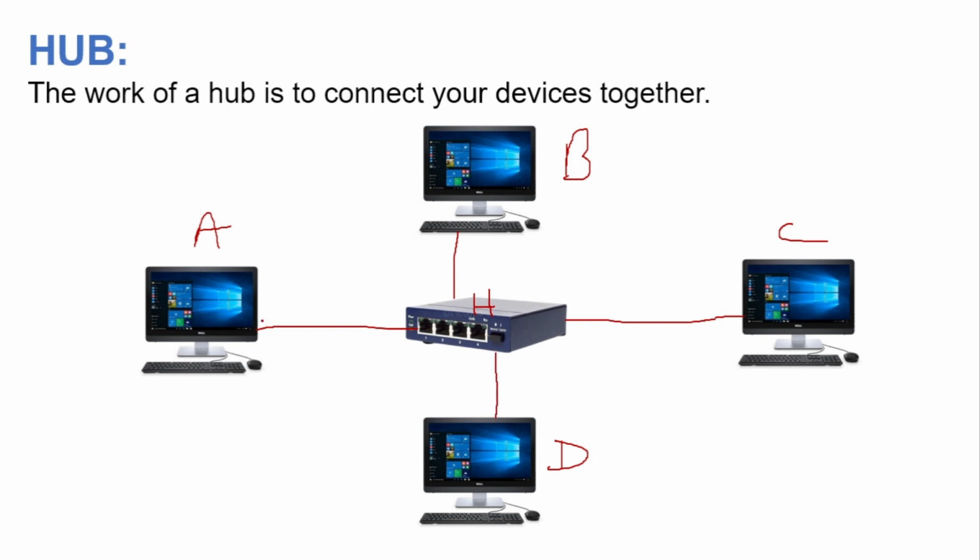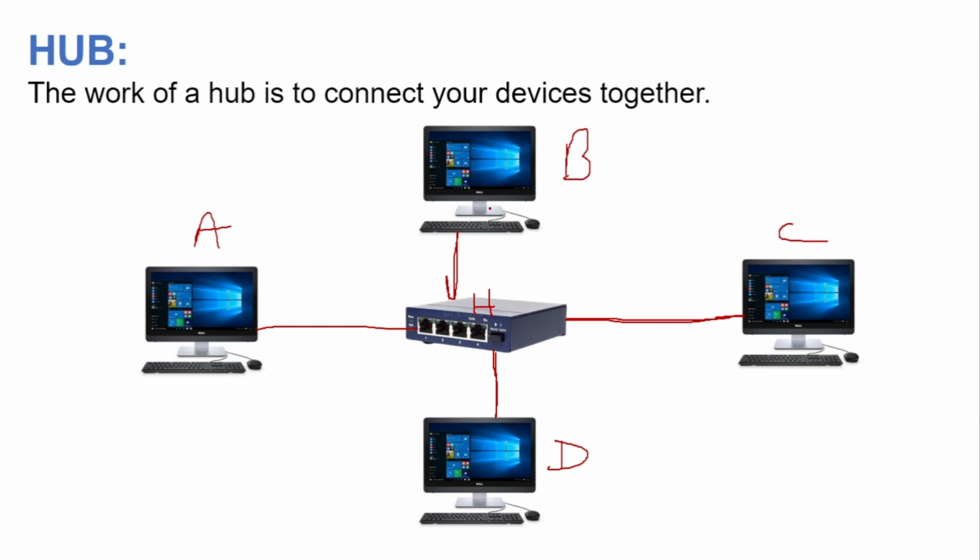Now if host A wants to send a message to host C, the limitation of this hub is that when the message gets to this hub, it sends the message to this same link and also sends it to this same link to D. So both B, C, and D receive the message that is being directed to C.